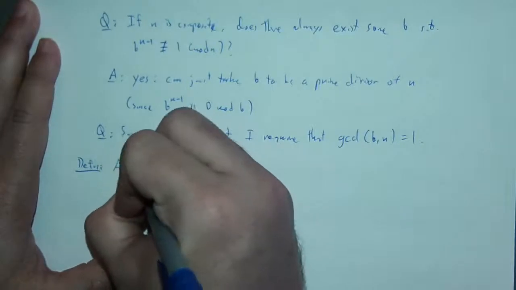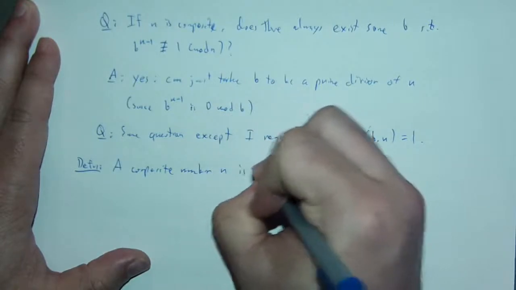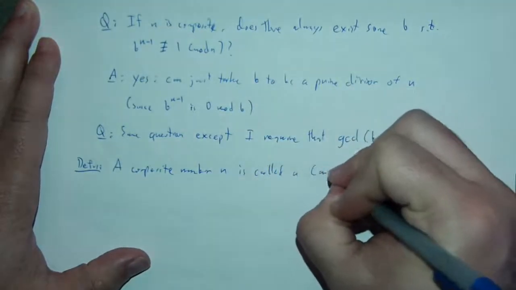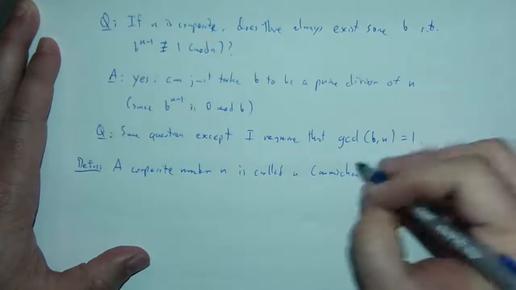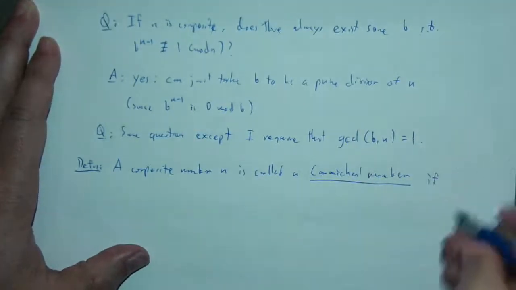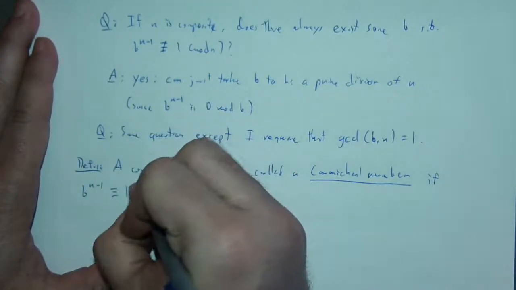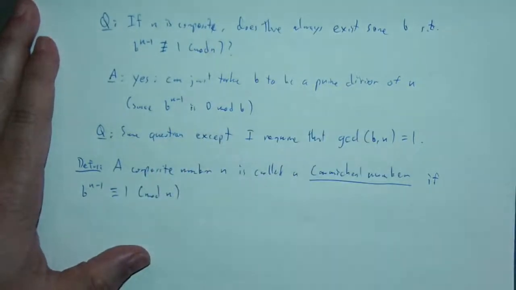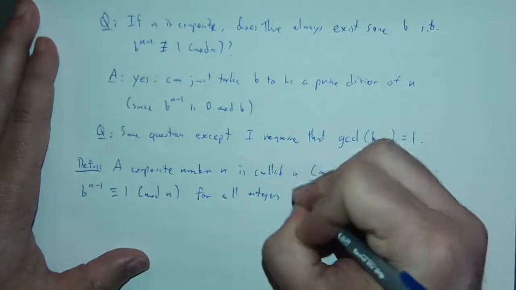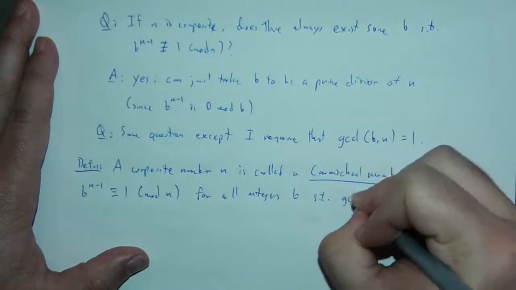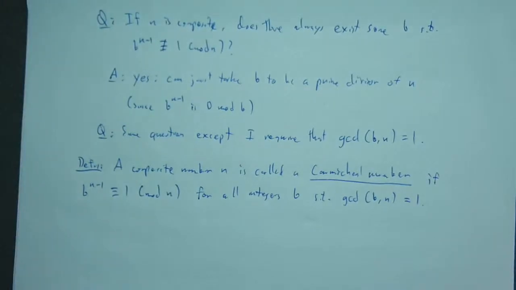A composite number n is called a Carmichael number if b to the n minus 1 is congruent to 1 mod n for all integers b relatively prime to n.